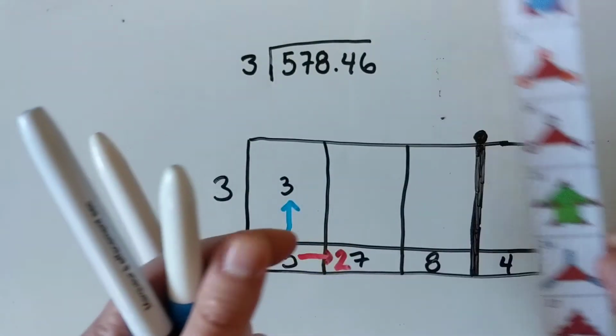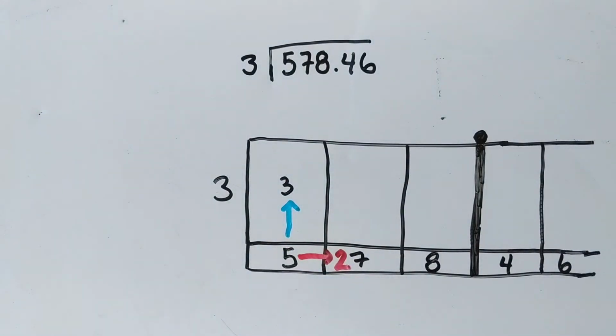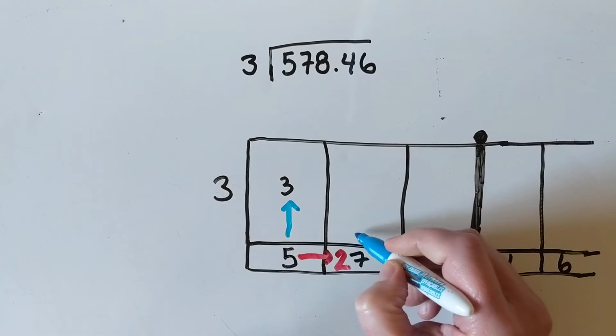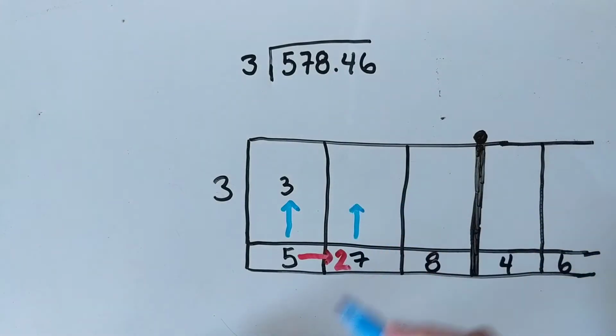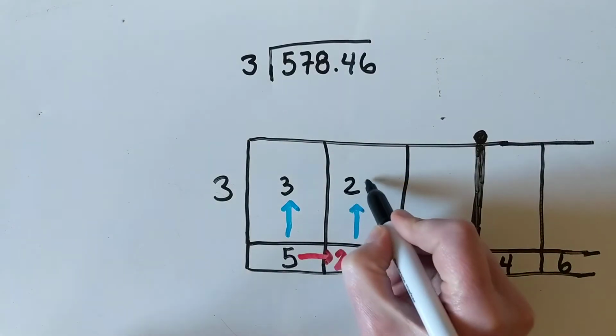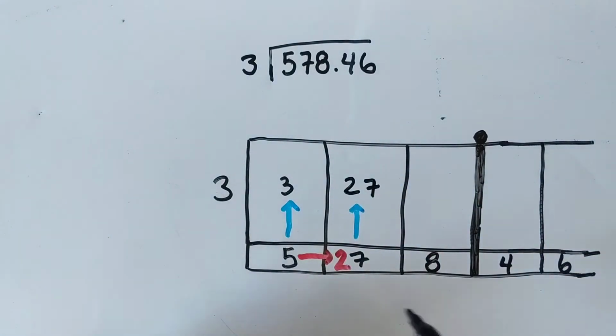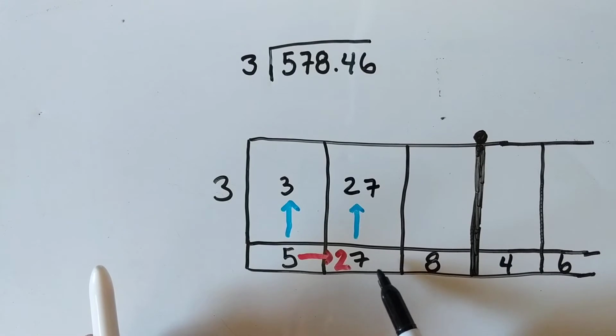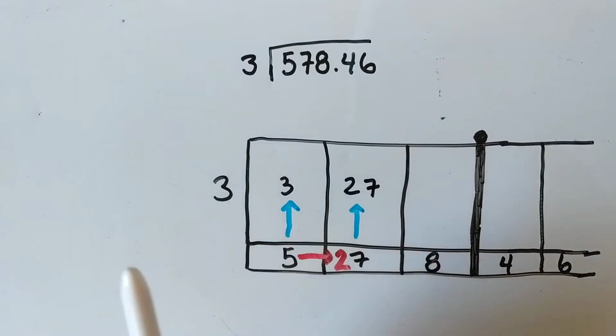So that's great, I'm going to use all of it. So I will use my blue arrow to show that I'm grouping this amount, and I write my 27. In this case, I'm not actually going to be exploding anything back. There's nothing for me to explode back.